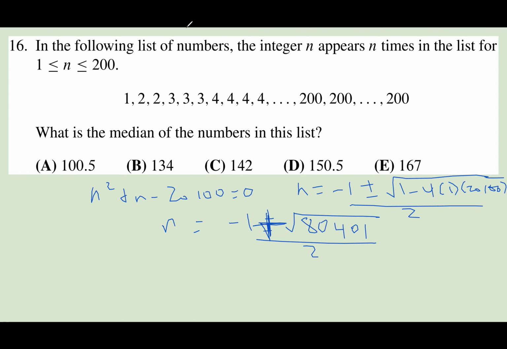So, let's think about this for a second. Because we want to know what number that would be. 300 squared would be 90,000, right?